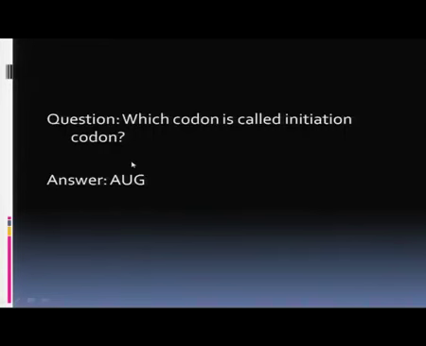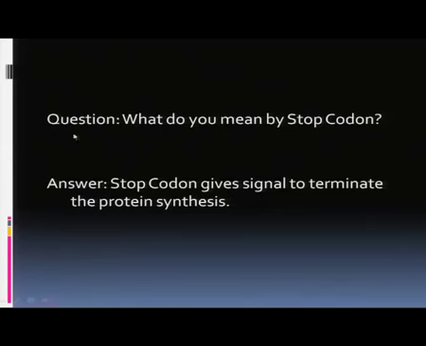The next question was, which codon is called initiation codon? Yes, the answer is right, AUG. AUG is considered as initiation codon which always codes for methionine. The next question was, what do you mean by stop codon?